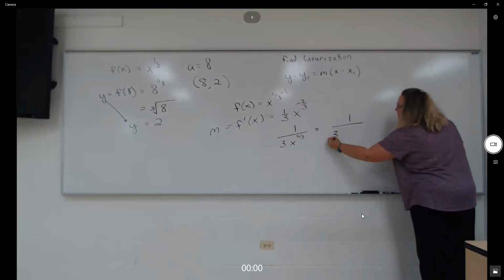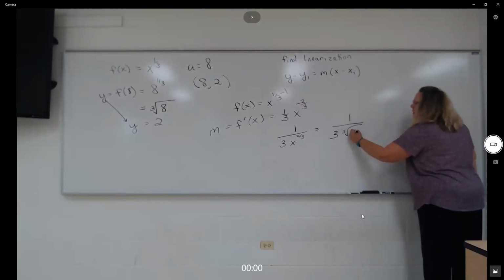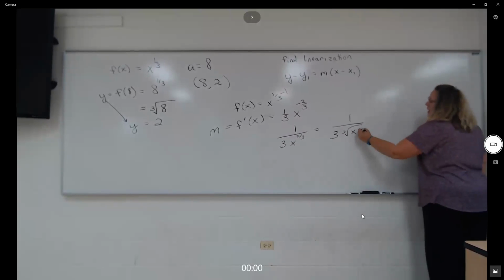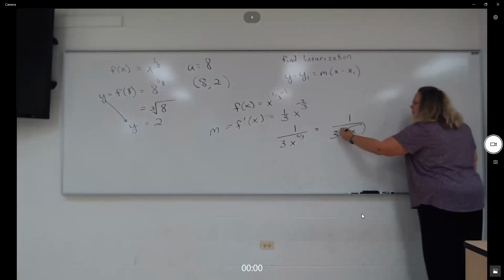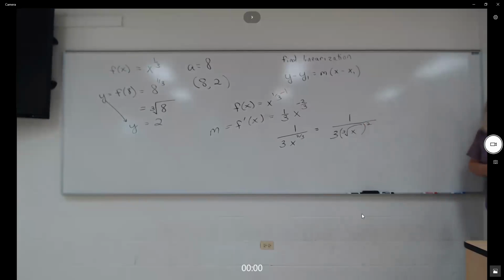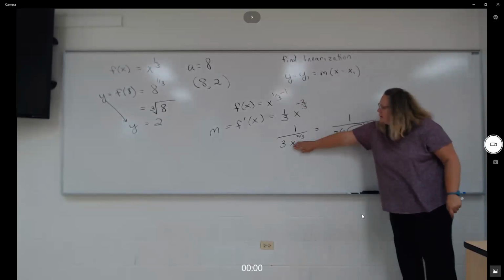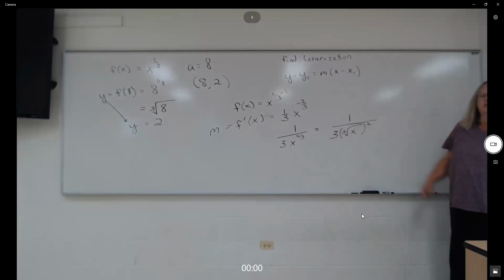I can also look at this as the cube root of x, and then square it. And usually we put the 2 on the inside, but if you have to actually do the work, it's easier to put the 2 after. Negative, we slid it to the bottom. That's the 3 on the bottom. That's the 2 on the top.